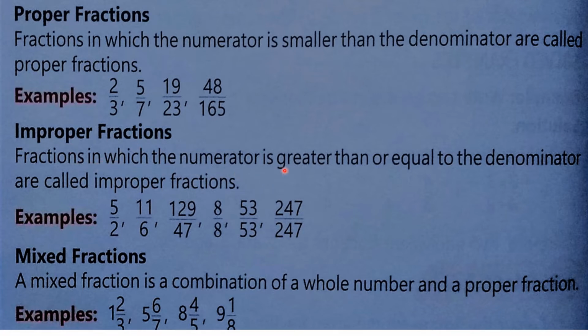Now improper fraction. Fractions in which the numerator is greater than or equal to the denominator are called improper fractions. As you can see here, the numerator is greater than the denominator: 5 by 2, 11 by 6, and 129 by 47.